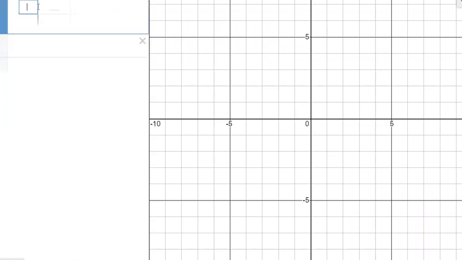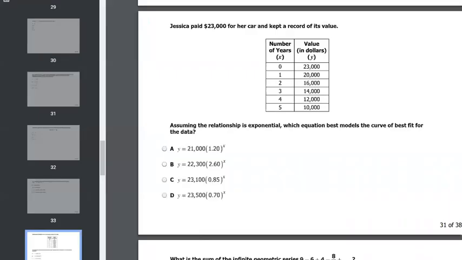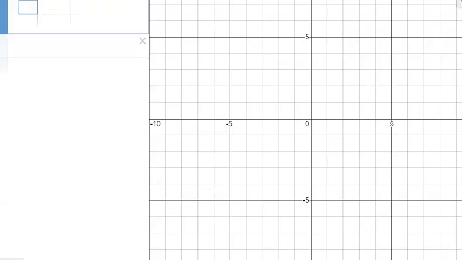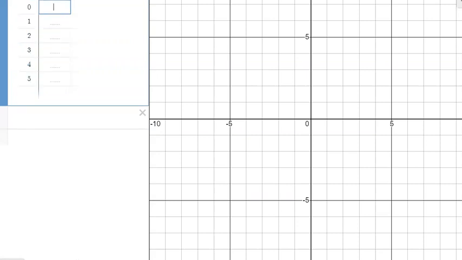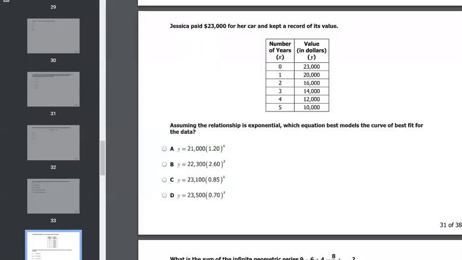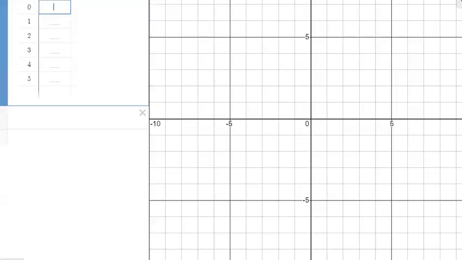So we're going to put all the x values on the left side, 0 through 5. And then the y values are going to go on the right side. So 23,000.